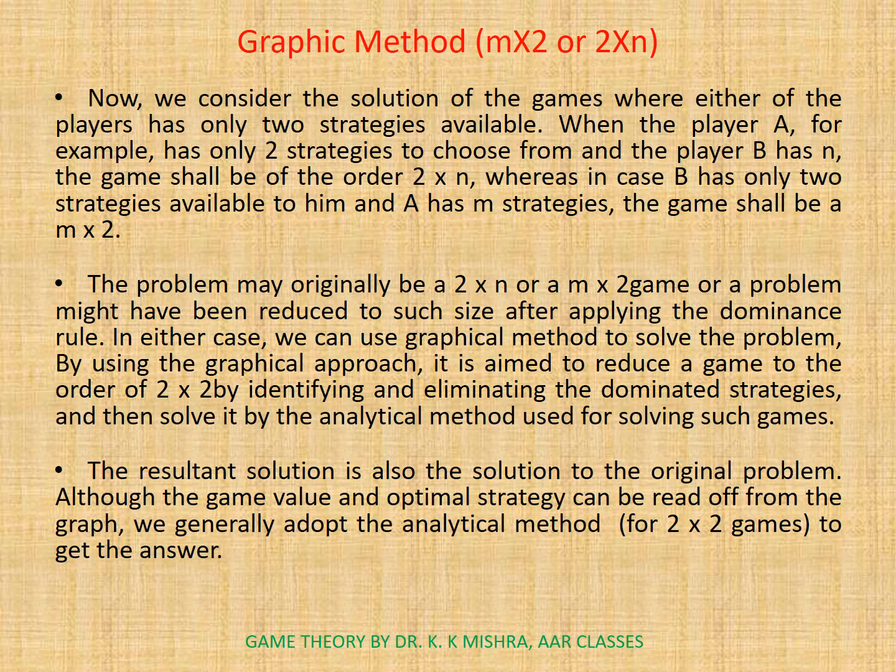The resultant solution is also the solution to the original problem, although the game value and optimal strategies can also be read off from the graph. We generally adopt the analytical method for 2 cross 2 games to get the answer.